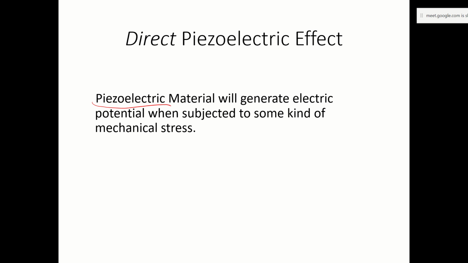It is a very interesting thing, and research is going on to have something like this: when you move on the road, because of the pressure, because of the movement, electricity will be generated if beneath the road you have some piezoelectric materials.